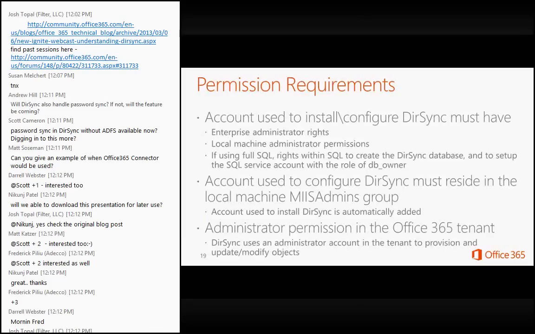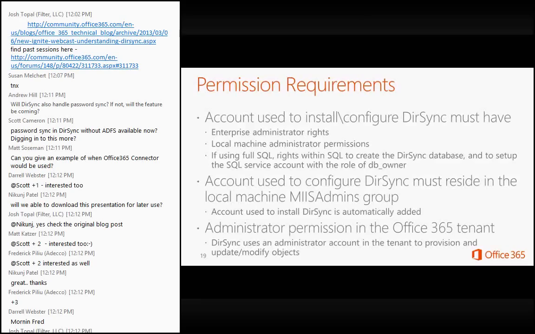The account also needs to have access to the MIIS admins group and will automatically be added. And you also need permissions in the Office 365 tenant as well, of course. You'll need to have global admin rights in Office 365, so that you can write and update any of the object changes that are synchronizing from on-prem to Office 365.